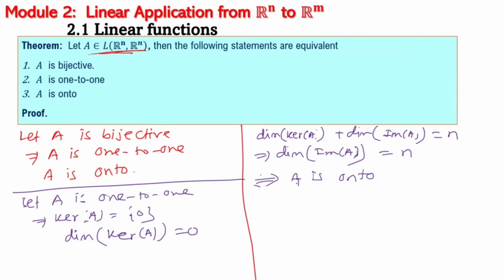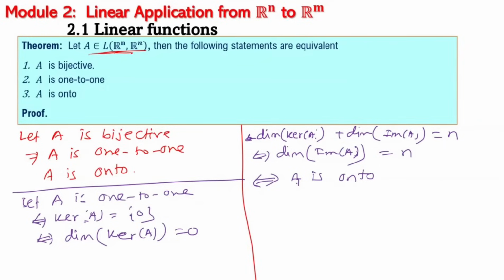Now we can reverse it, so we can have if and only if. The dimension of the kernel of A is equal to 0, so the kernel of A is 0 and A is onto. Therefore all three conditions are equivalent with each other.